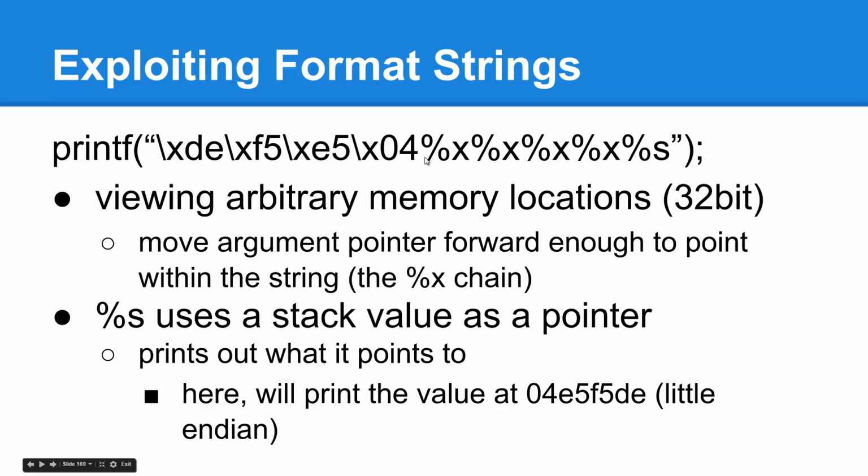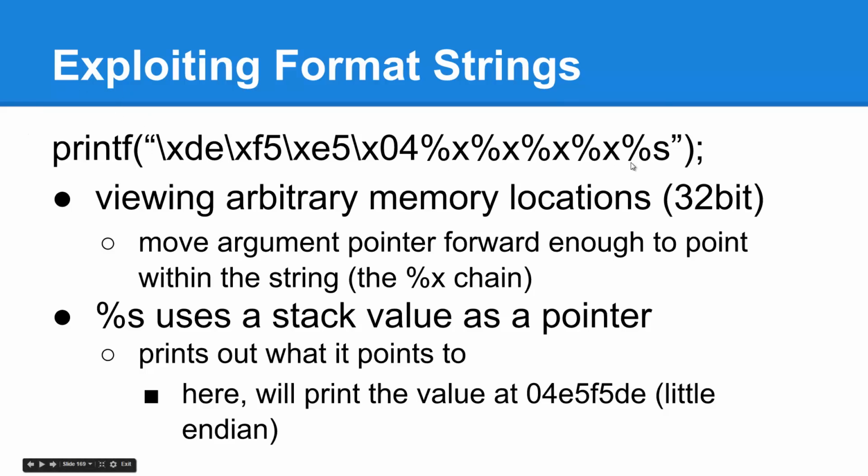Now, it's obviously stored in little endian format, so it's going to be 0x4E5F5DE. And the attacker here is going to have to play with appending %x's, you can specify the width, to move the variable argument pointer forward until it gets to this point.